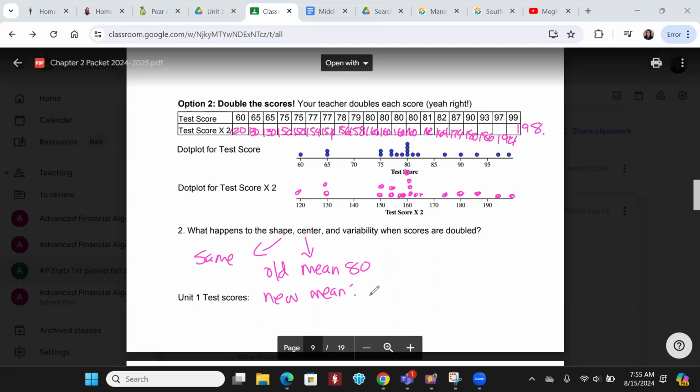Okay. The range is also going to double. So the range of the old was 39, and the range of the new is 78. Okay, so it's doubled.